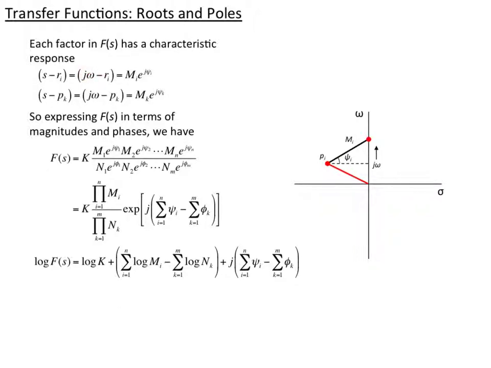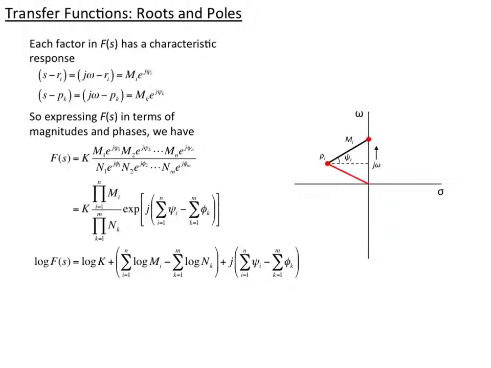Here I'm imagining a purely frequency-dependent value for s. And this is now a complex number with an imaginary part and a real part, and I can write that in the normal way with a magnitude and a phase. I've actually drawn that here. Here's some pole p sub i. It has an imaginary part, which is the j omega, and a real part, which is negative in this case.